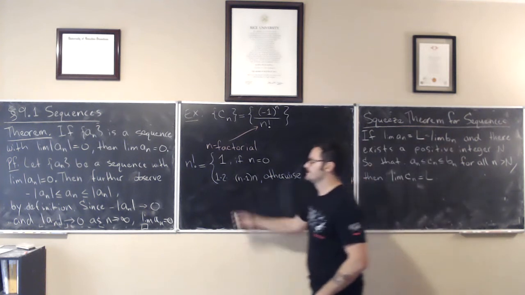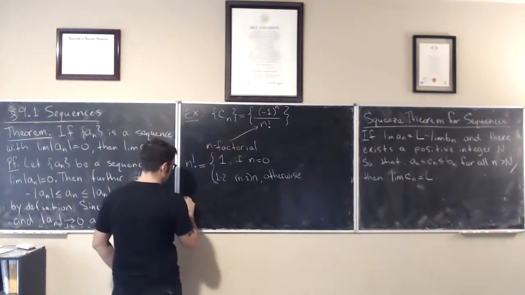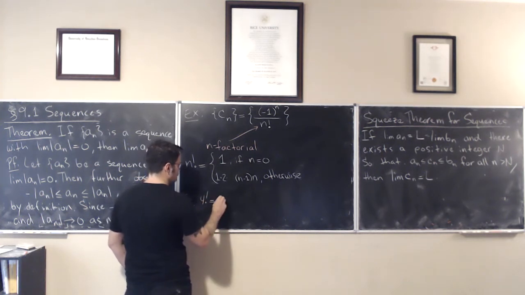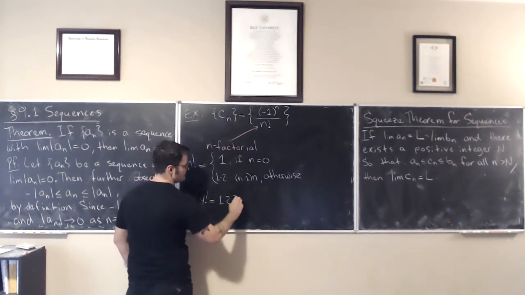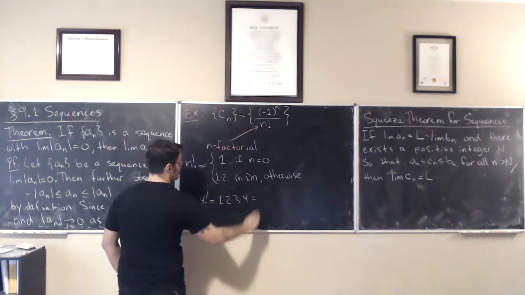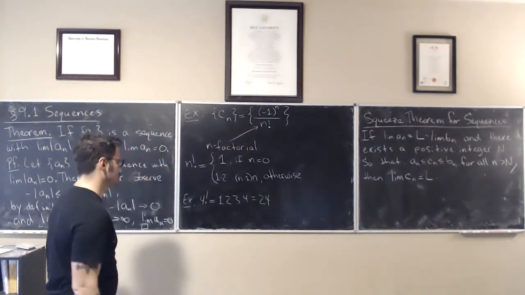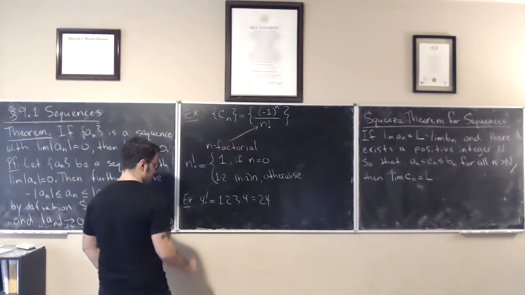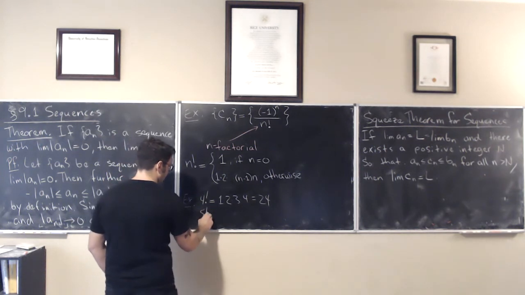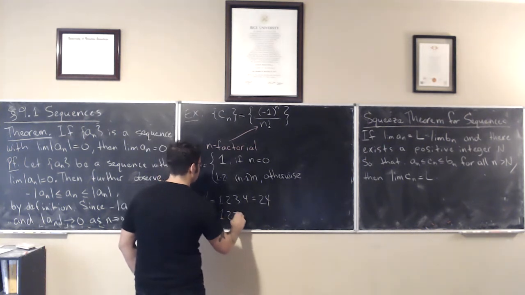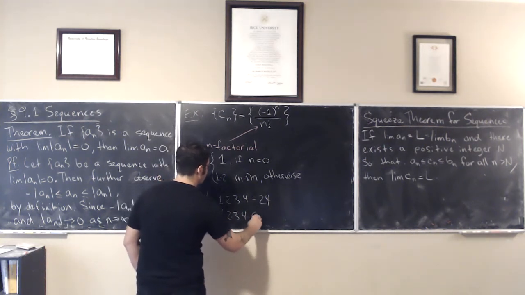Okay, so just to illustrate, 4 factorial is equal to 1 times 2 times 3 times 4, which is 24. And 5 factorial is equal to 1 times 2 times 3 times 4 times 5.